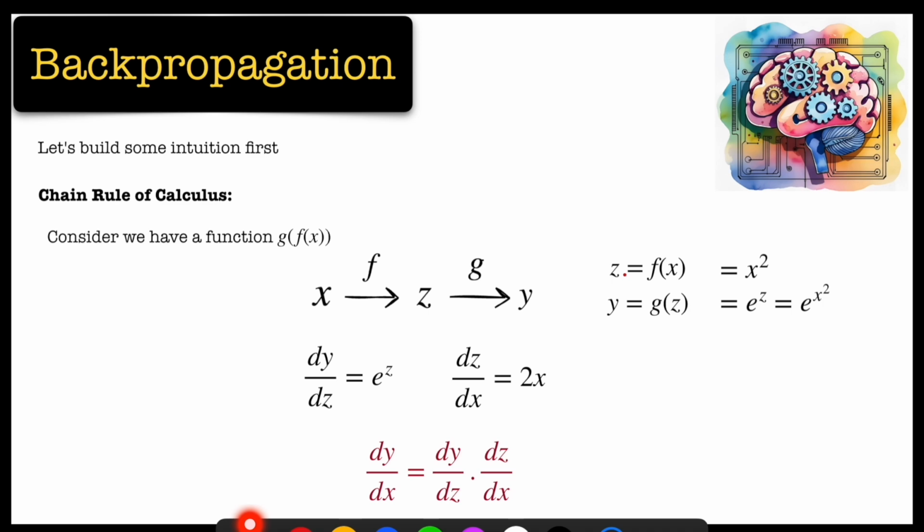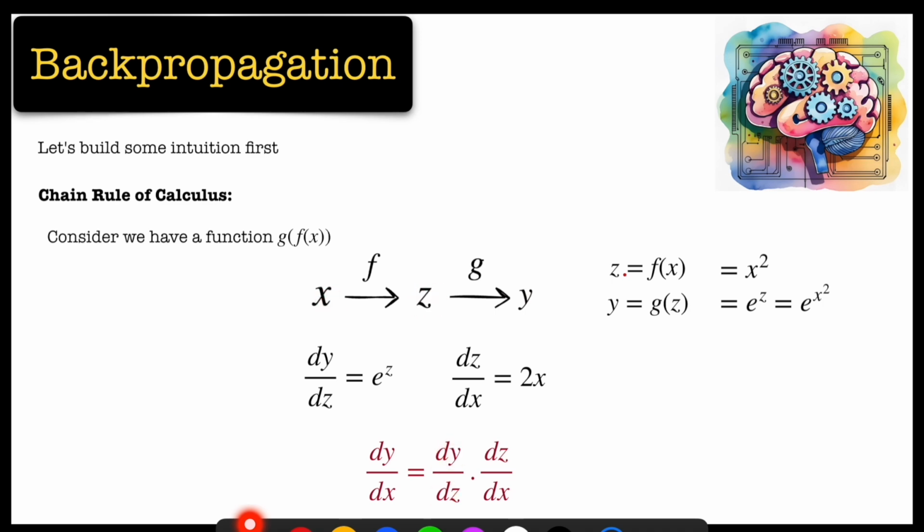So what is dy dz? Y is e power z, so dy dz will be e power z. What is dz dx? Z is x square, so dz dx will be 2x. Now what is dy dx? How do we calculate that? dy dx will be dy dz times dz dx.